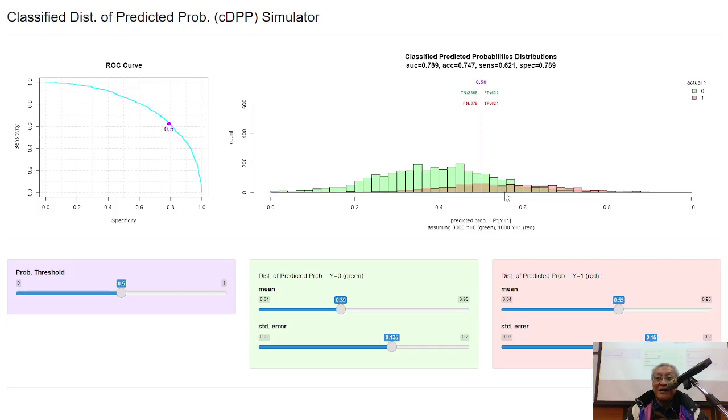So above this threshold, I will predict positive, and below this threshold, I will predict negative, right? Okay? So this is the TN, FN, TP, FP. This is the confusion matrix, right? And these are the accuracy metrics that are derived from these 4 values, okay?